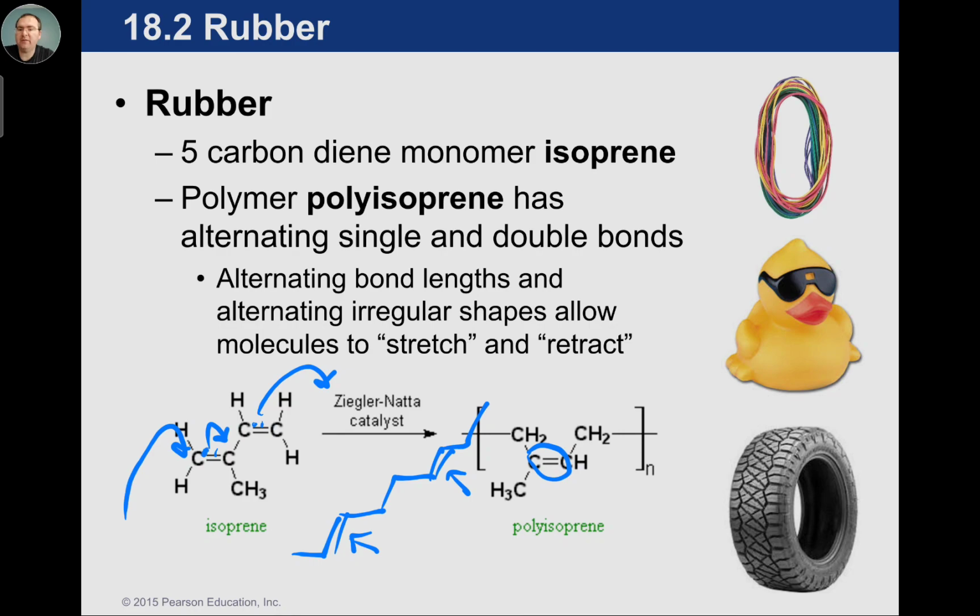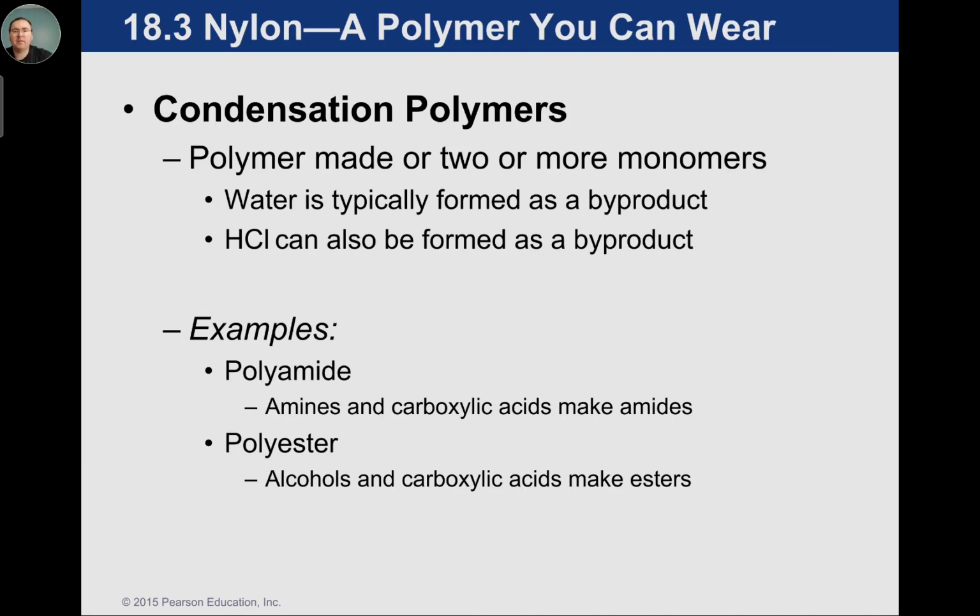This ability to have single, double combinations of addition polymers, giving them that flexibility of having different bond lengths, different stretching properties. So pretty unique that you can just manipulate that polymer chain and get vastly different properties. And then we get to condensation polymers, which we'll pick up into with a separate video.